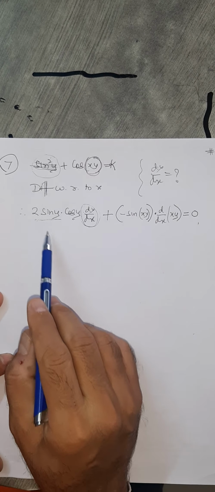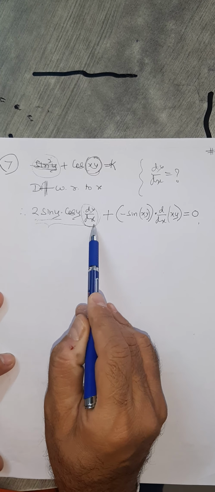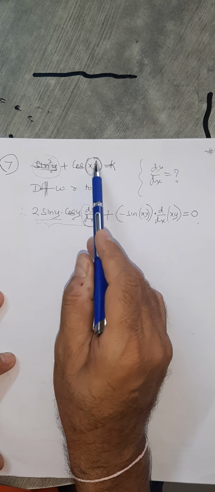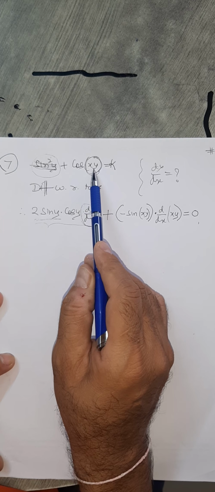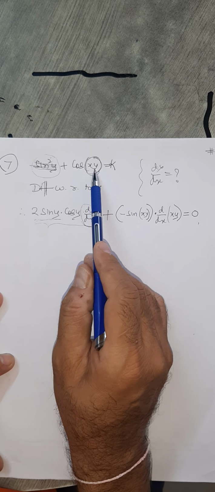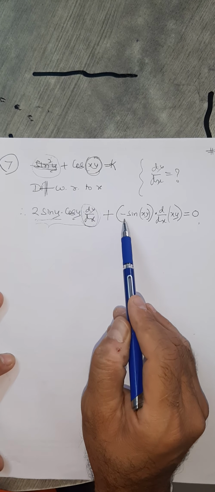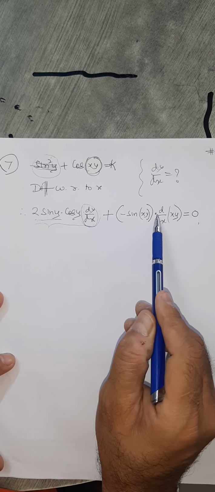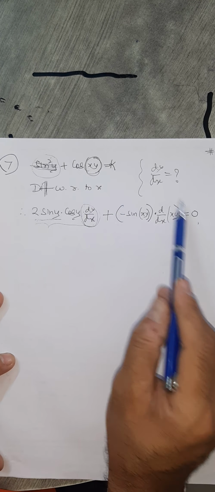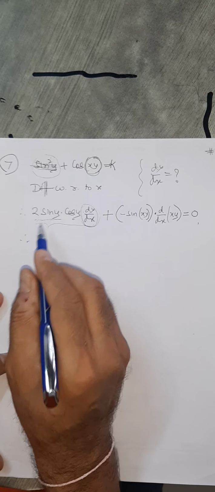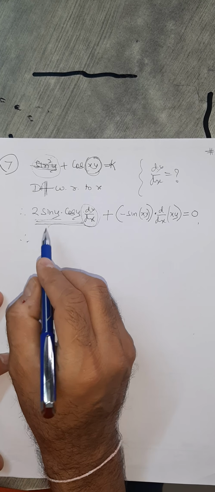I repeat this. Here, this is clear. You imagine this as x. You don't have the derivative of cos of xy. So this is x. What's the derivative of cos? Minus sine into d by dx of xy. And what is the derivative of a constant? 0. Now you know this is a standard formula.